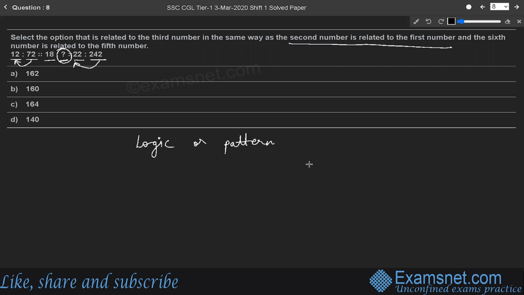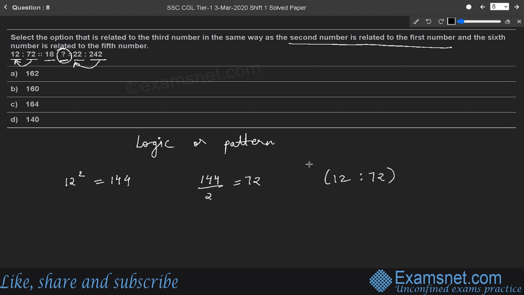The pattern followed here is 12 square. What is 12 square? 12 square is 144. Now this will be divided by 2. So 144 divided by 2 gives 72. So 12 and 72 form a pair.